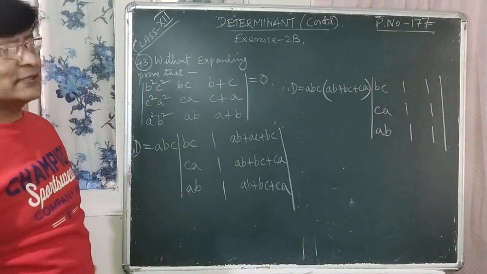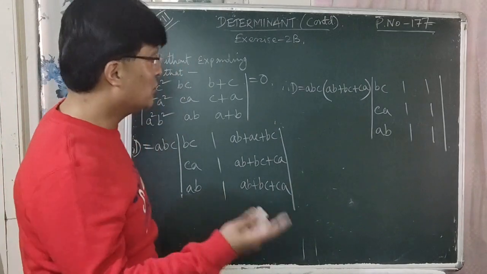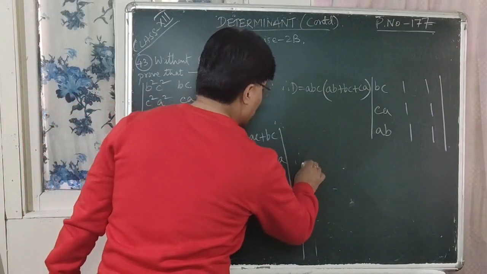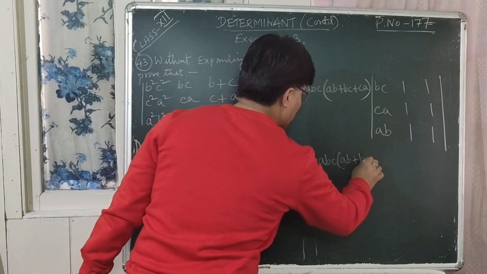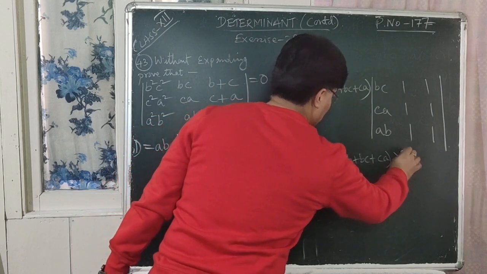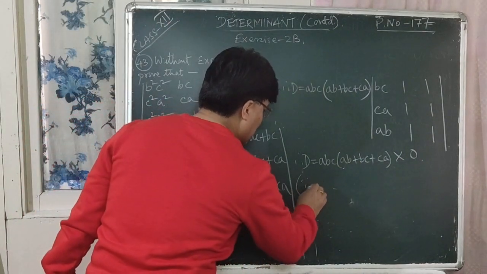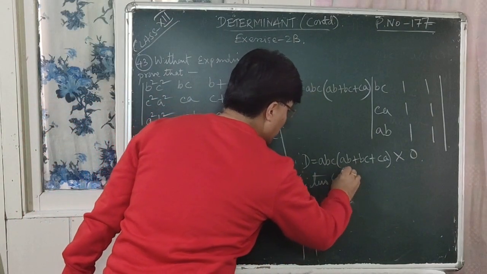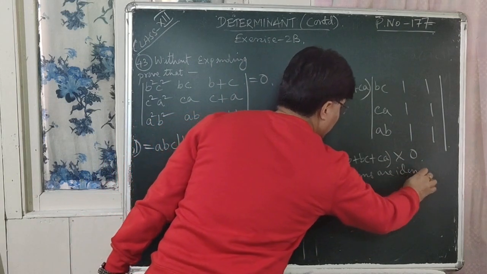Now in this case, two columns are identical. That means what is the value of the determinant? 0, right? So therefore D is equal to ABC within bracket AB plus BC plus CA into 0. What is the reason behind it? Since two columns are identical.